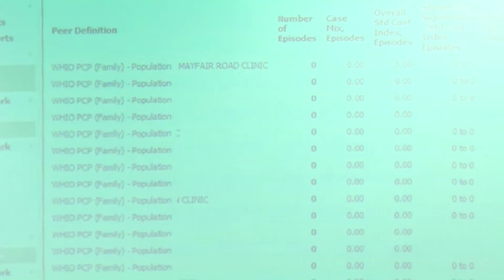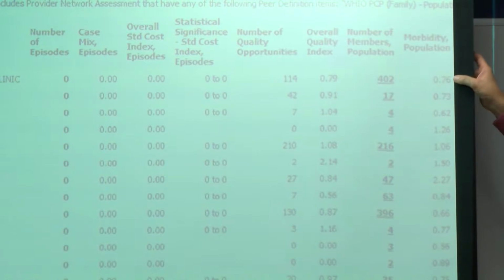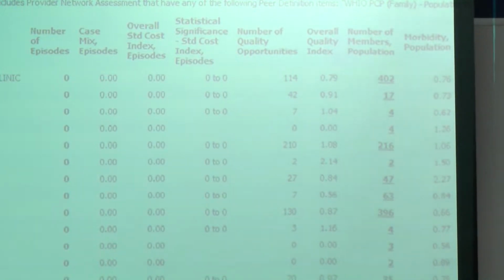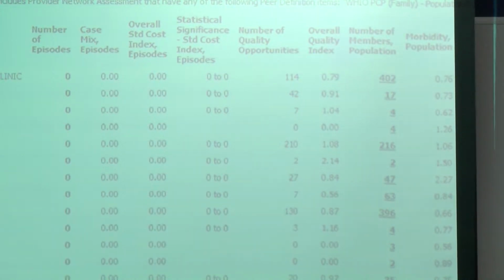If we come over to here, all of a sudden we see the population, and we see the population morbidity. Population morbidity is a little different than episode risk. Population morbidity simply means I've got this panel of patients, and this is how sick they are or not.